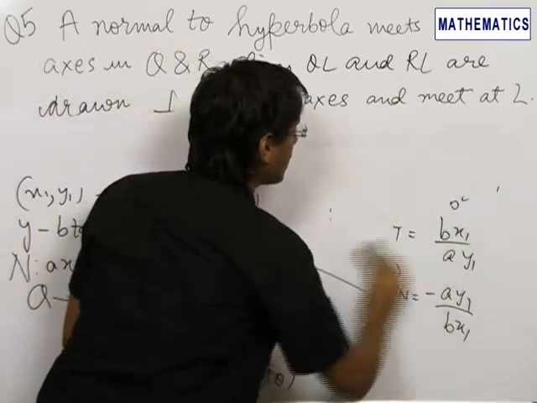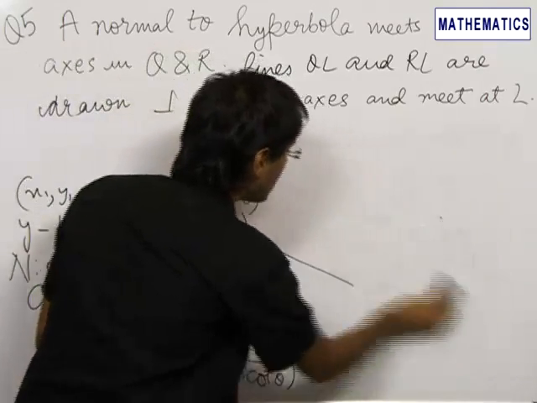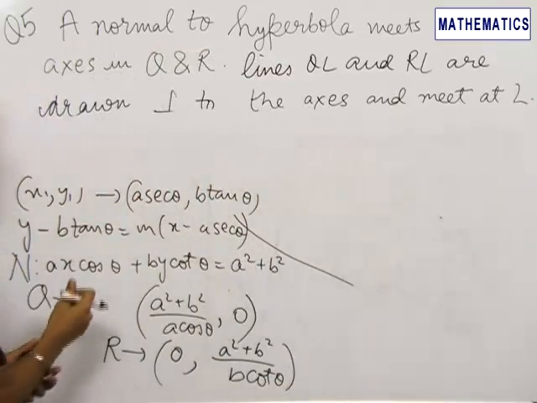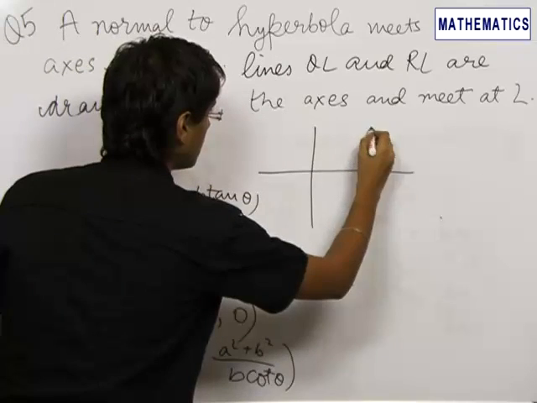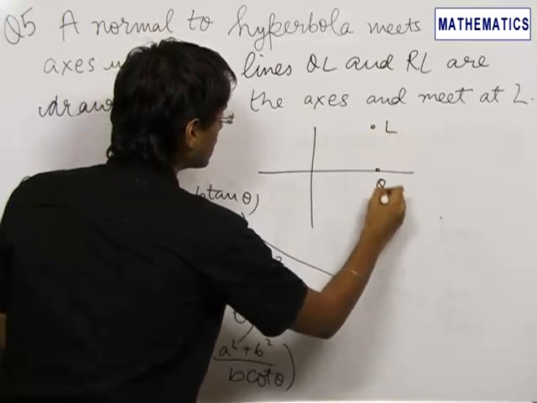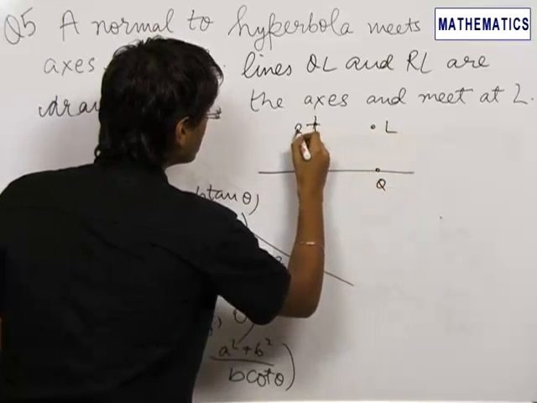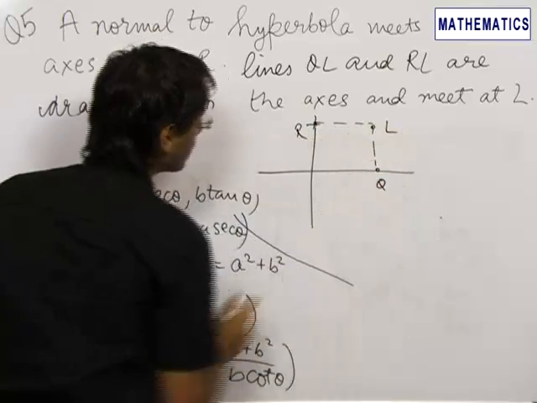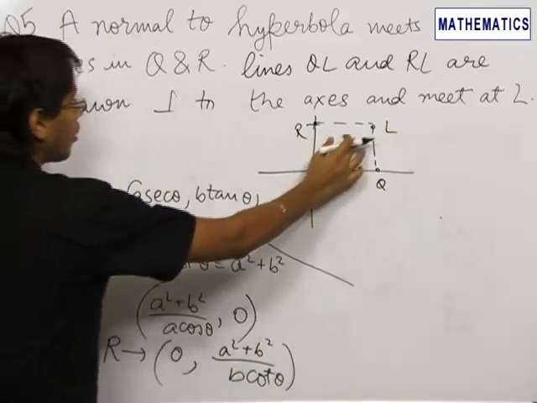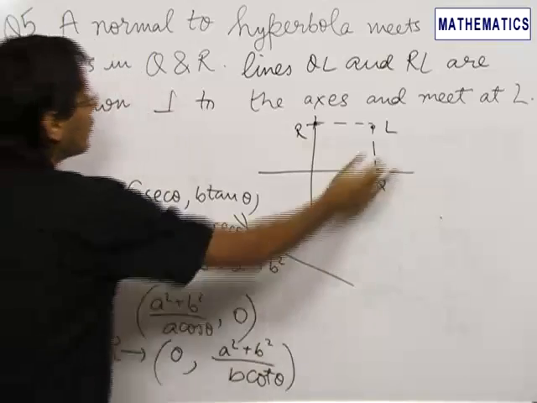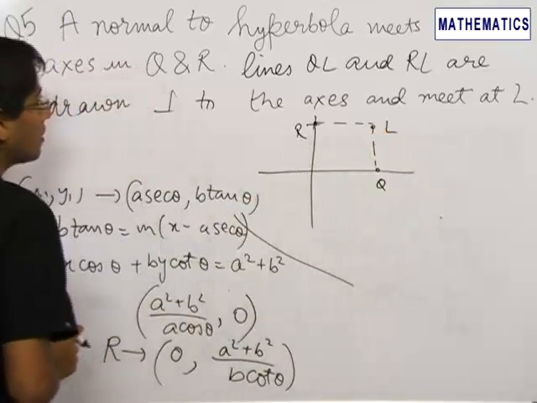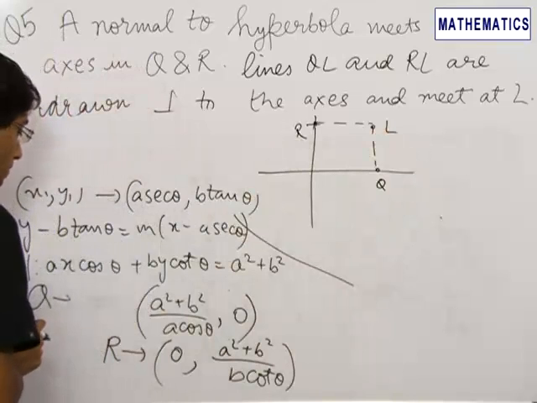Now QL and RL are drawn perpendicular to the coordinate axis. This is the point L, this is Q, and this is R. So the x coordinate of L will be equal to the x coordinate of Q, and the y coordinate of L will be equal to the y coordinate of R, since there is a rectangle formed.